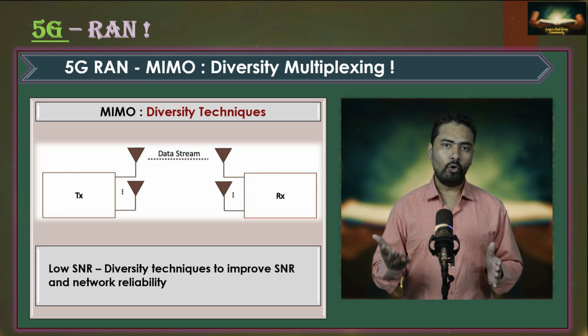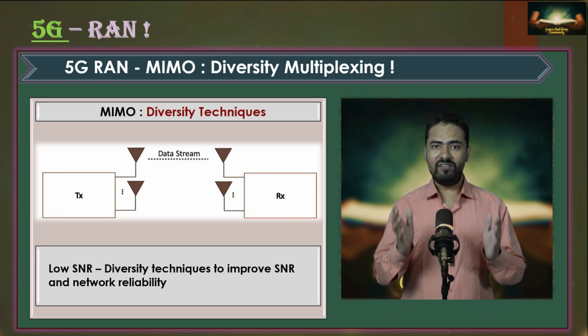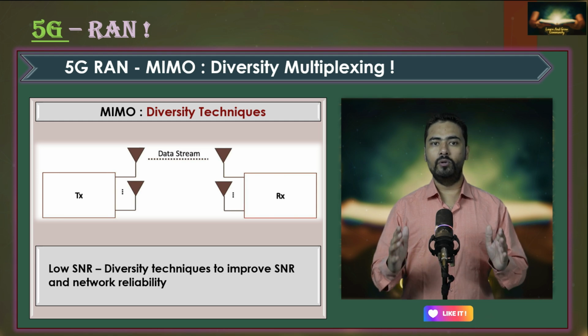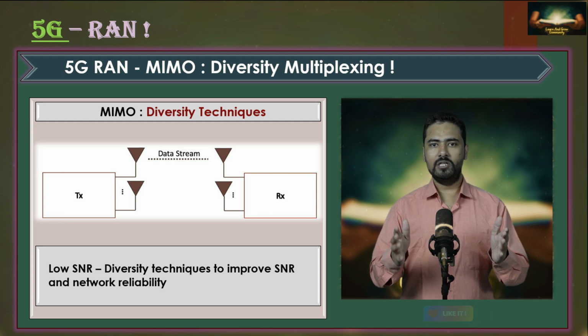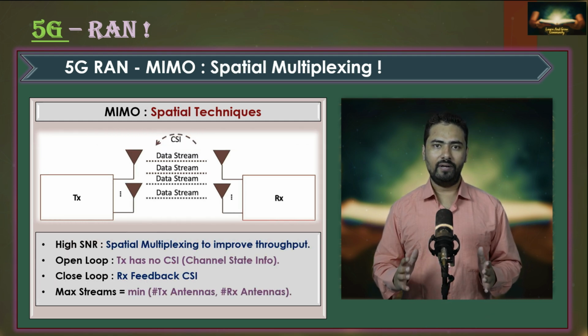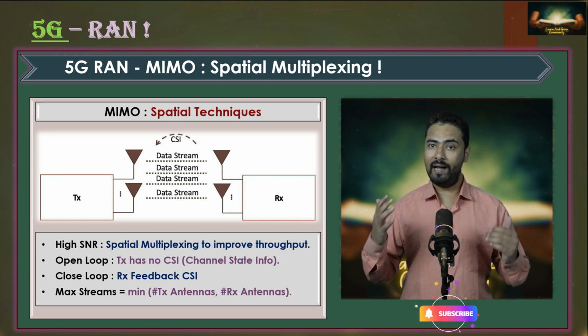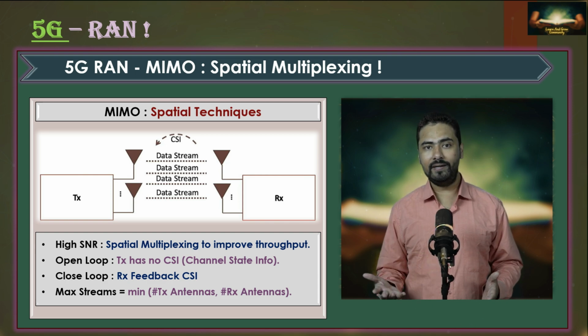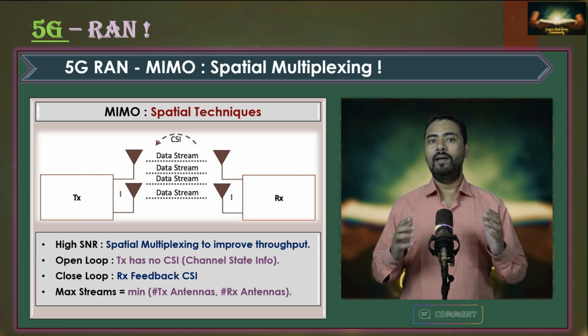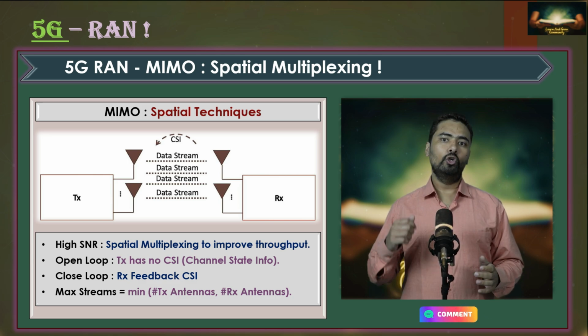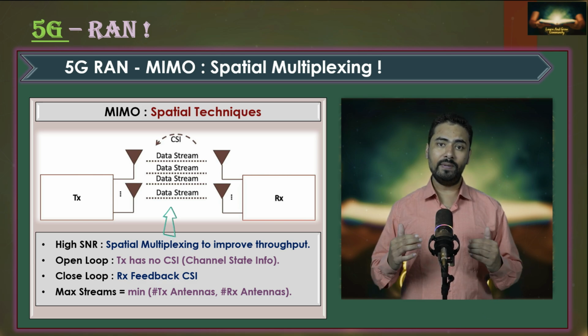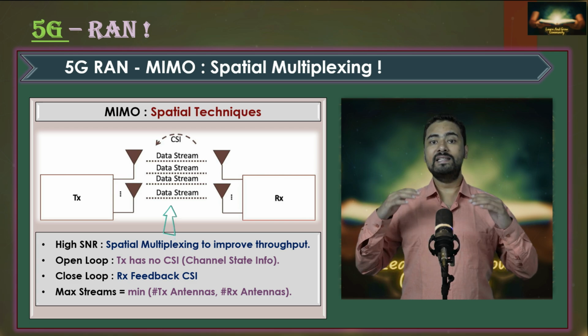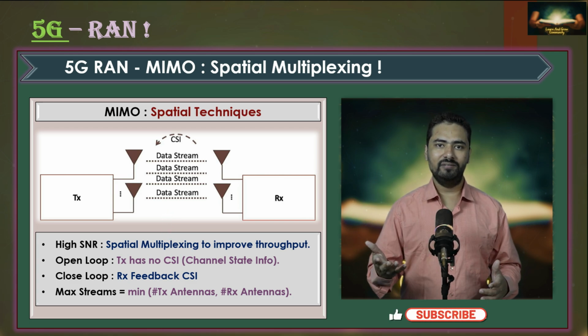First, when signal to noise ratio is low, then the diversity techniques can be applied to improve the signal to noise ratio, just like before. However, if signal to noise ratio is high, then spatial multiplexing can be used to increase the data rates and system throughput. In the spatial multiplexing technique, throughput is improved by transmitting multiple data streams simultaneously over the channel.